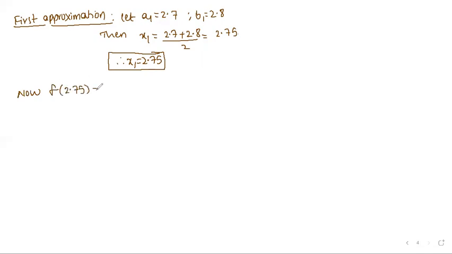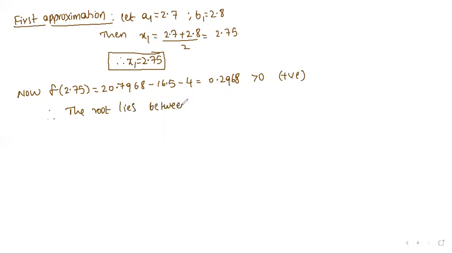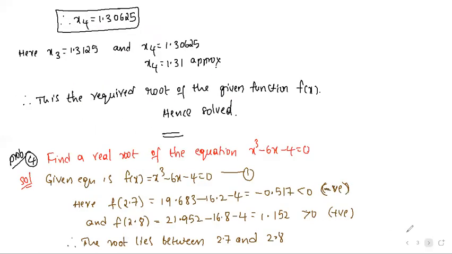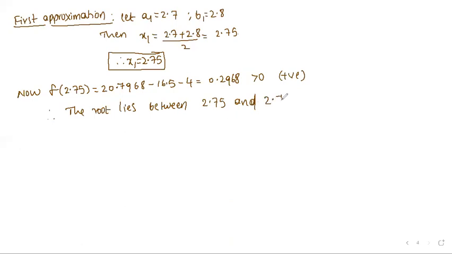F of 2.75 is equal to 20.7968 minus 16.5 minus 4, 0.2968. కాబట్టి ఇది గ్రేటర్ దాన్ 0 అంటే పాజిటివ్. అంటే దేర్ఫోర్ ద రూట్ లైస్ బిట్వీన్ పాజిటివ్ అంటే ఇక్కడ 2.75 అండ్ నెగిటివ్ వాల్యూ పైన చూసుకొని ఎక్కడ ఉందో, అంటే 2.7 అండ్ 2.75, సెకండ్ అప్రాక్సిమేషన్.